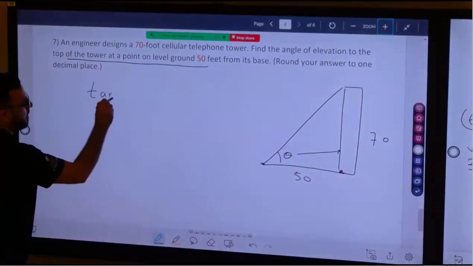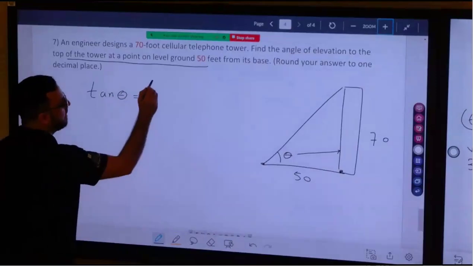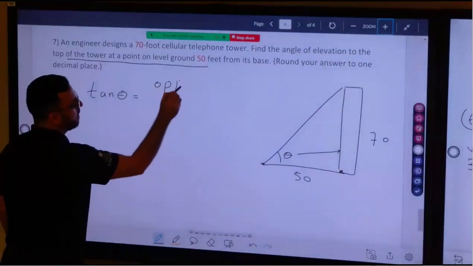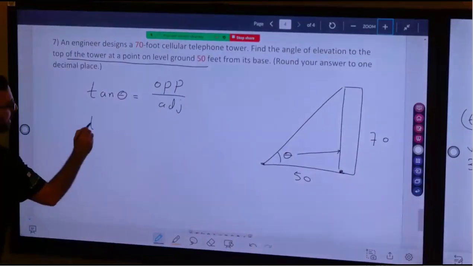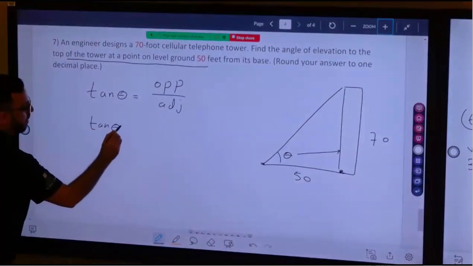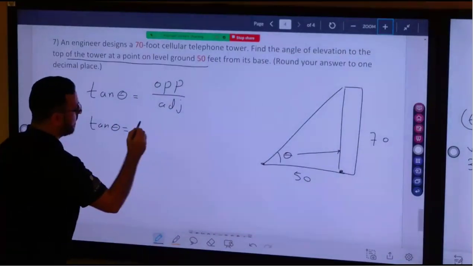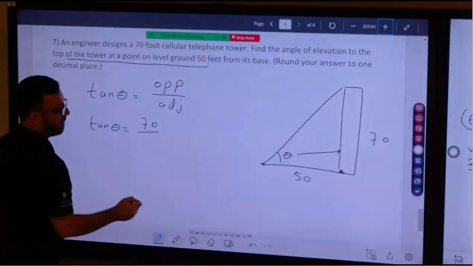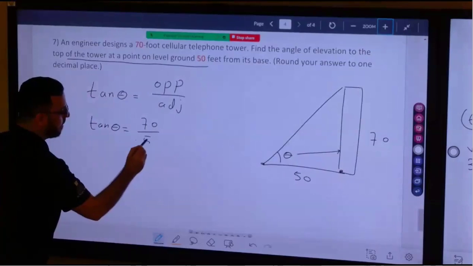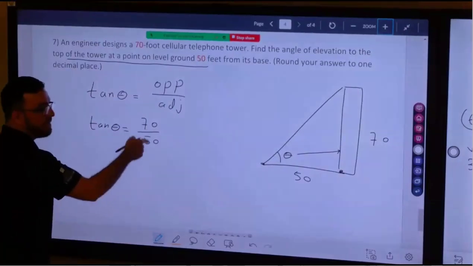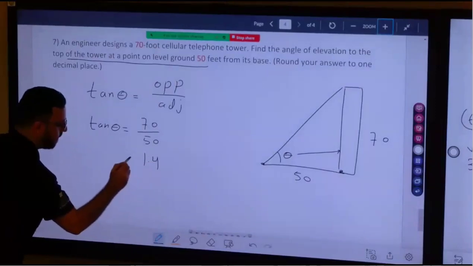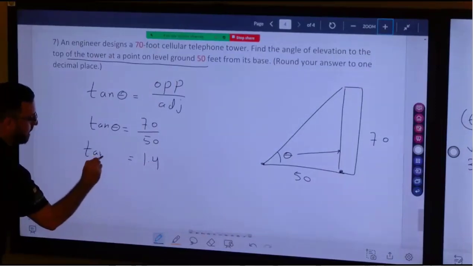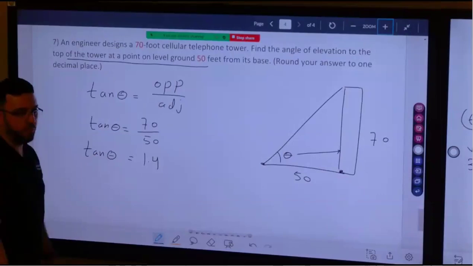Tangent theta equals opposite over adjacent. The opposite side is 70, adjacent is 50. If you divide these two numbers, it's going to be 1.4. So tangent theta equals 1.4.